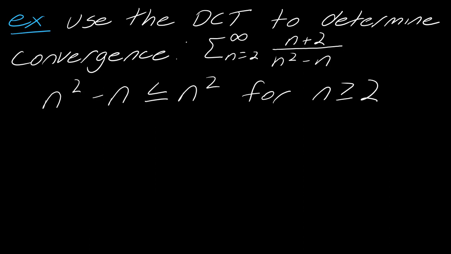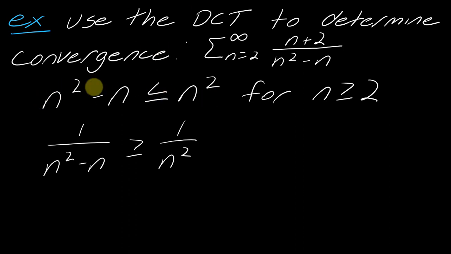I know that n squared minus n is less than or equal to just n squared, and this is true because I know that my n's are greater than or equal to 2. So this is definitely true.